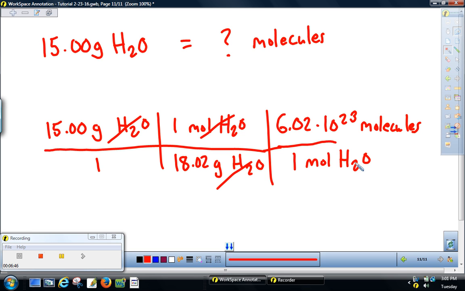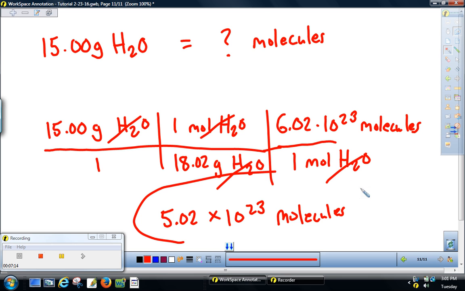Once again, 3 sig figs, so 15 divided by 18.02 times 6.02 times 10 to the 23rd. And we get 5.016, so 5.02 times 10 to the 23rd molecules of water.